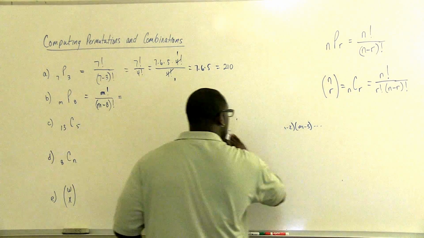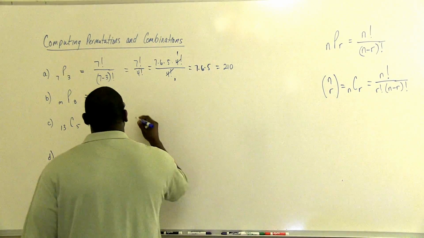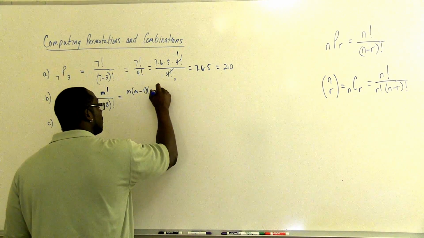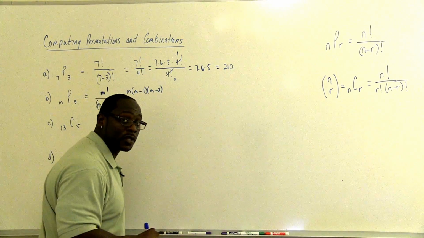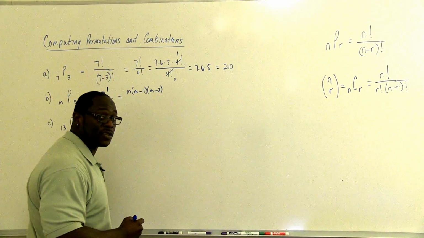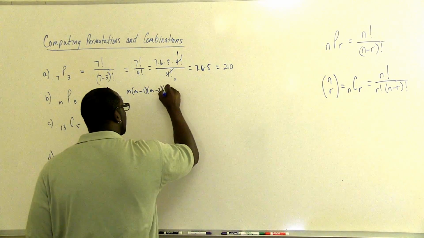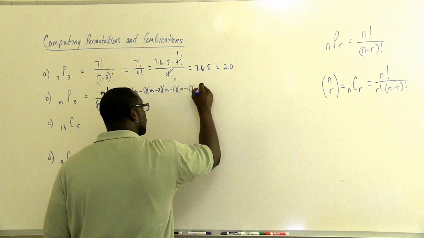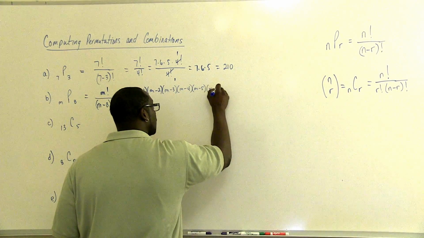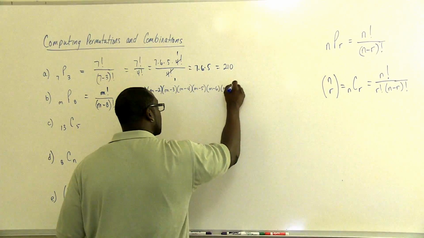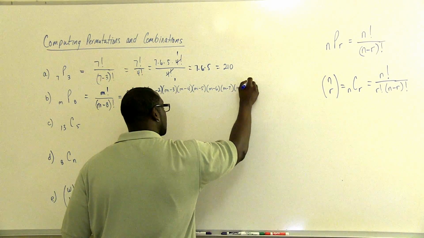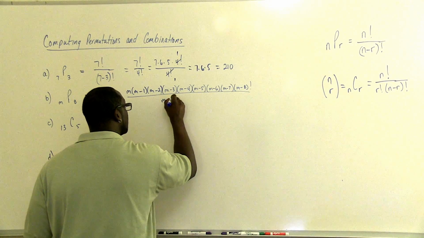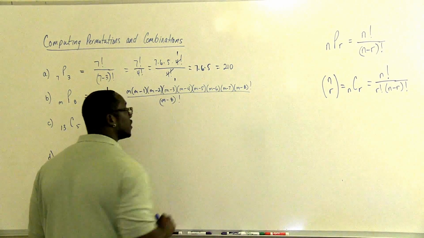So we have m times m minus 1, m minus 2, and I'll keep on going until we get to m minus 8 factorial and stop there. And all that is divided by m minus 8 factorial.